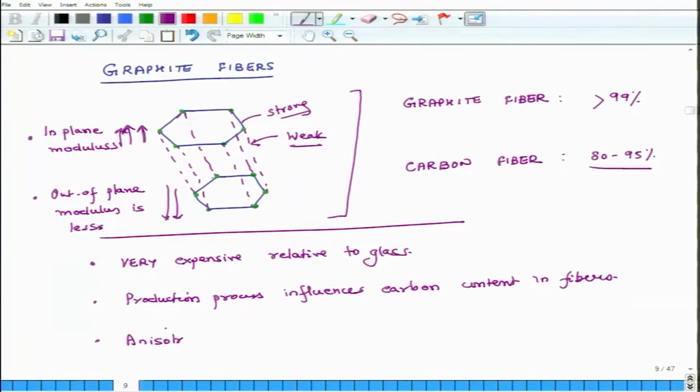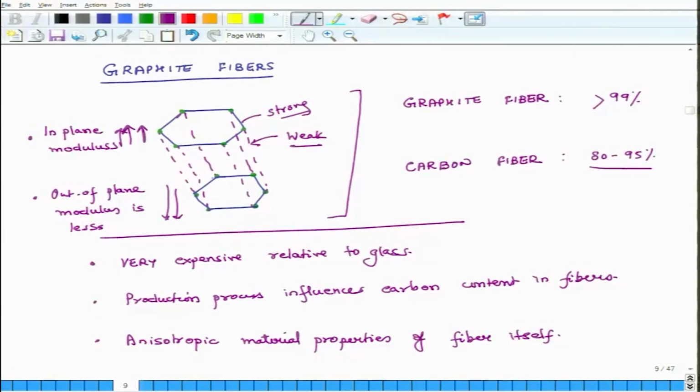So, not only the composite is anisotropic, the fiber itself is anisotropic. This is something we have to remember.